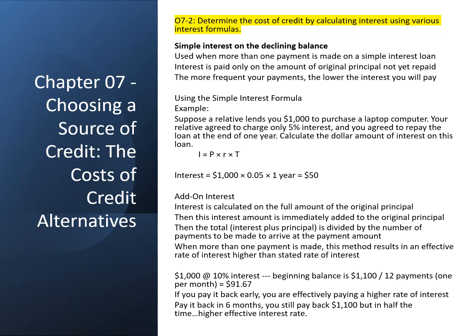So as you repay a loan over a period of time, the interest associated with that outstanding or declining balance is reduced. The more frequent your payments, the lower the interest you will pay overall, again using that same simple formula.